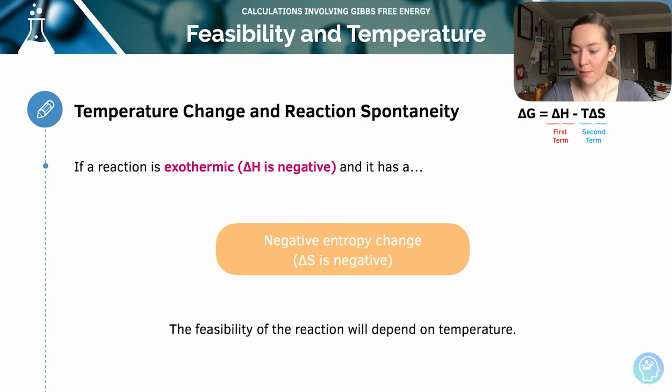The lower the temperature, so the lower the value of T, the more likely it is that the positive value for the second term is greater than the negative value of the first term. Then delta G, our Gibbs free energy change, would be negative. So we need a very low temperature if we have an exothermic reaction with a negative entropy change in order for it to be feasible.